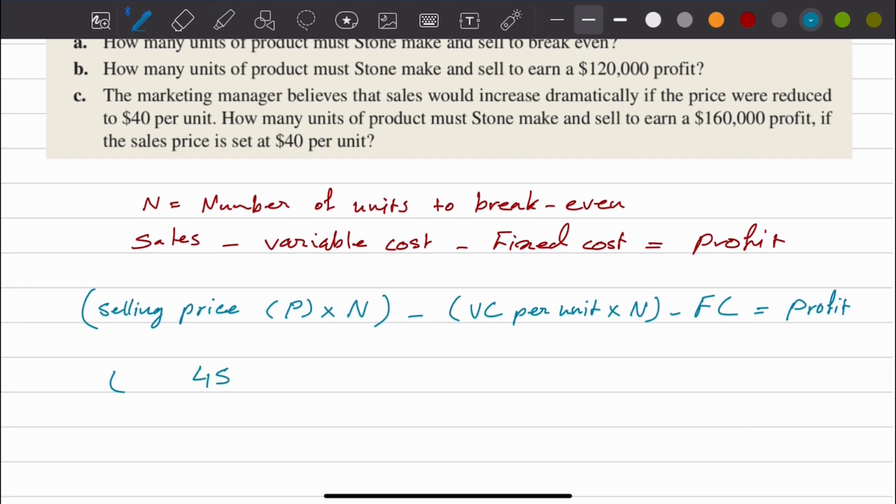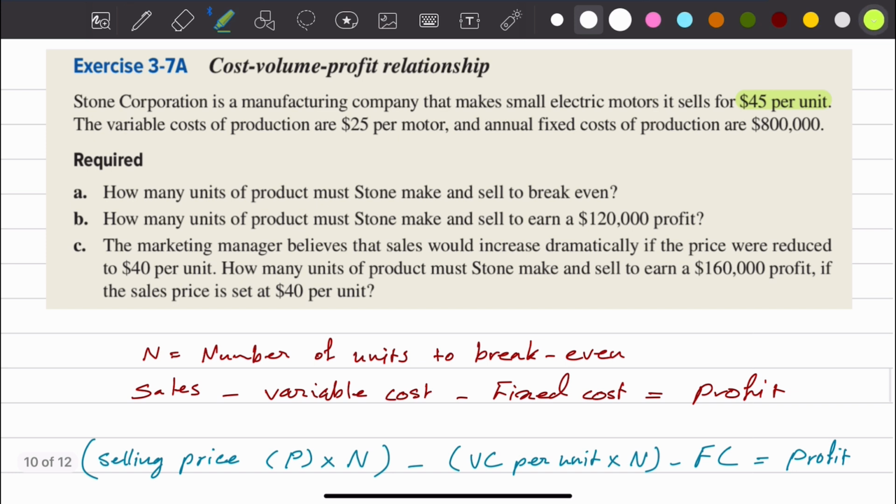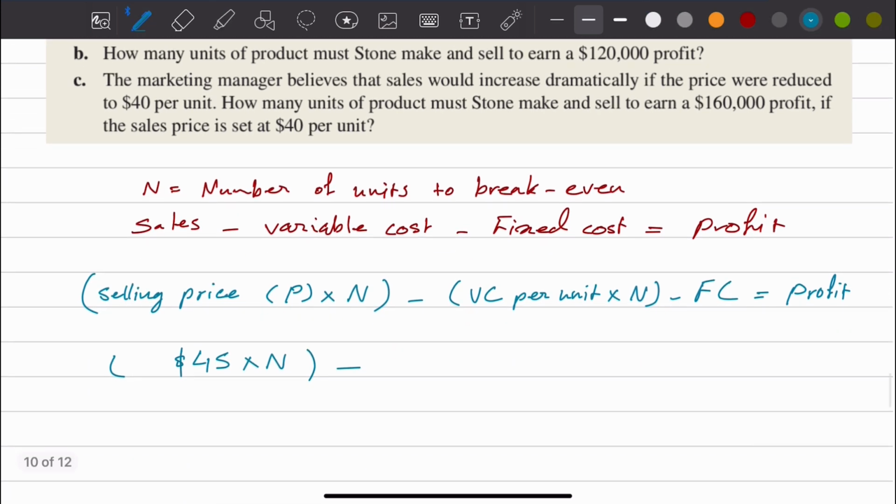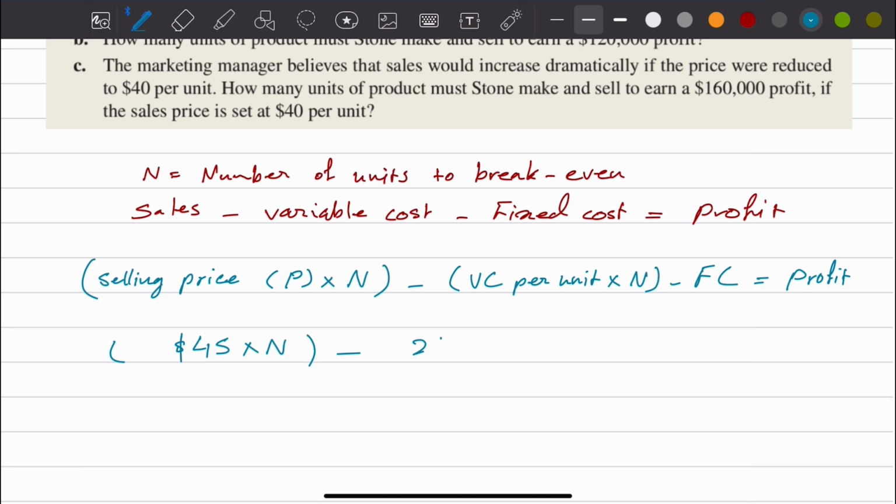So based on this, we can take the selling price from here, which is $45 per unit. So 45 multiplied by N minus the variable cost from the question, which is $25, also multiplied by N. We could also take the fixed cost and move it across the equal sign and change its sign.